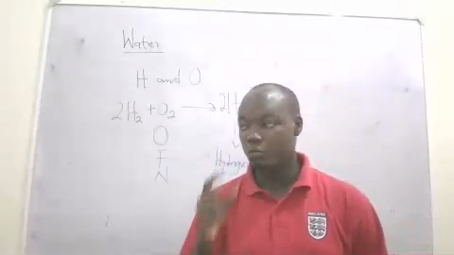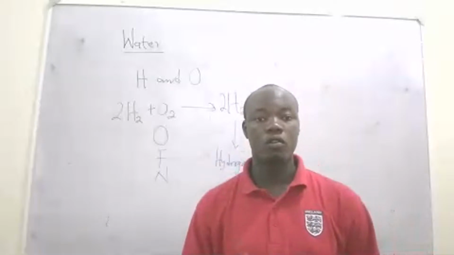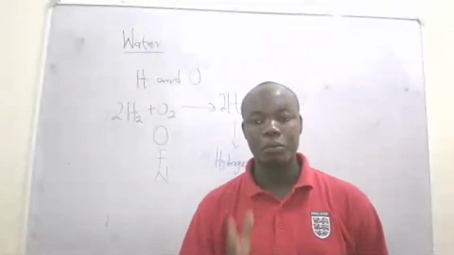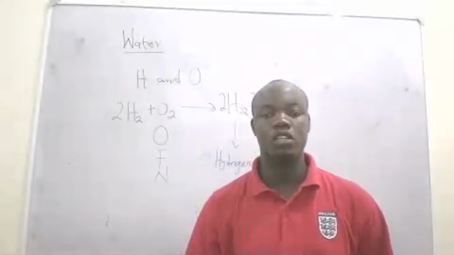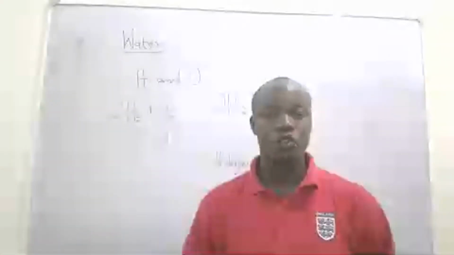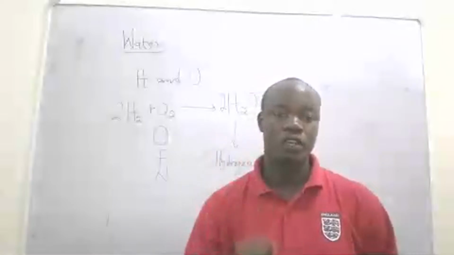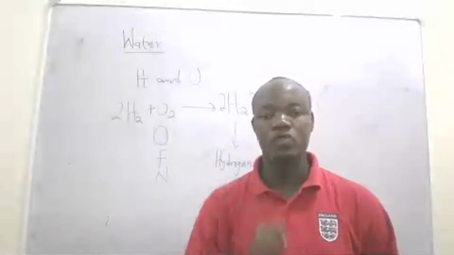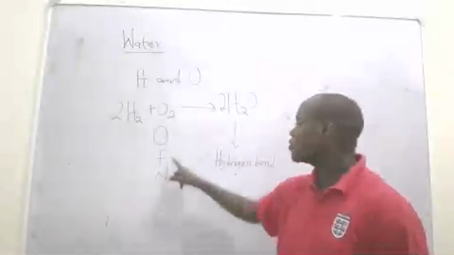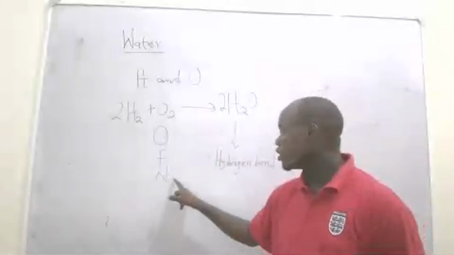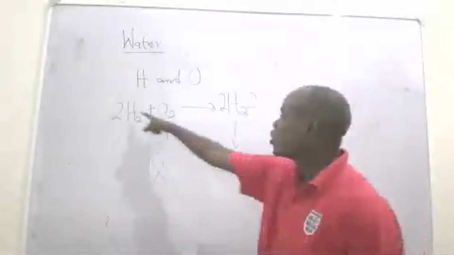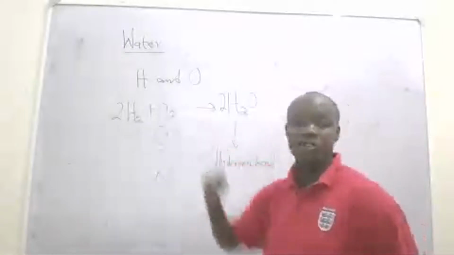Remember from the basic knowledge of chemistry, a hydrogen bond is a bond that exists between hydrogen and the most electronegative elements. We have three electronegative elements: oxygen, fluorine, and nitrogen. In this case, we have oxygen and hydrogen.